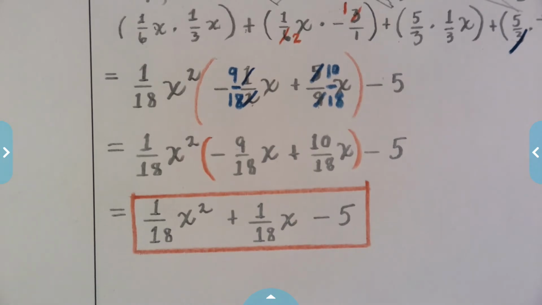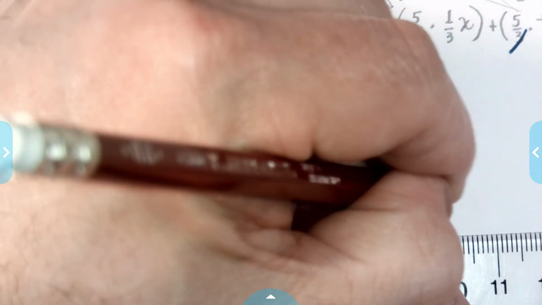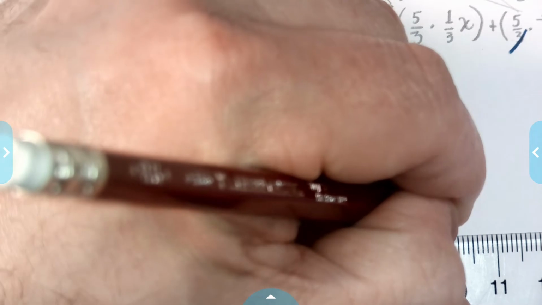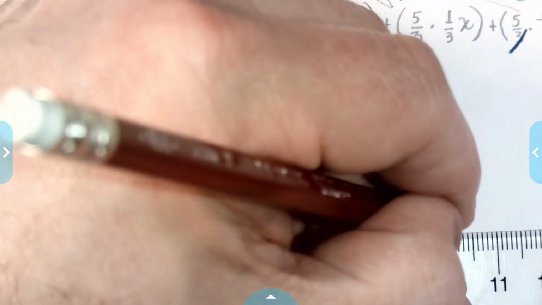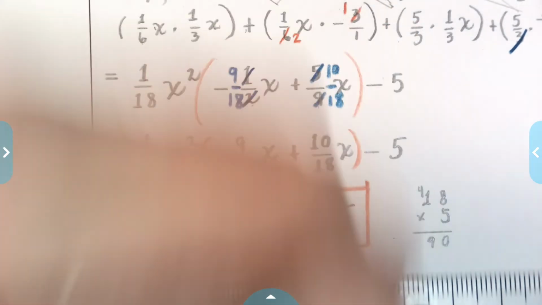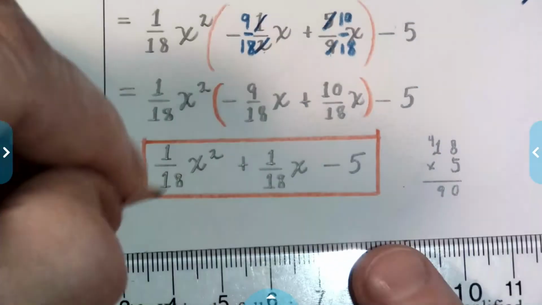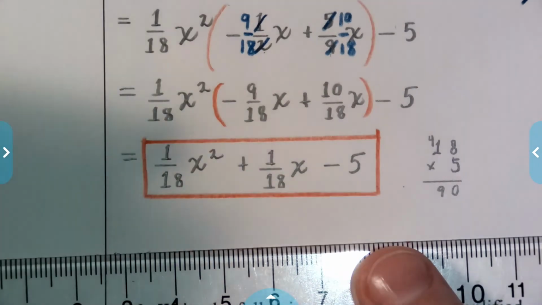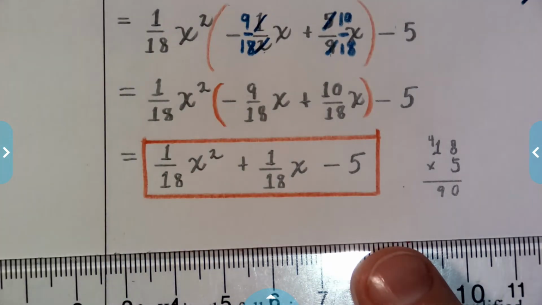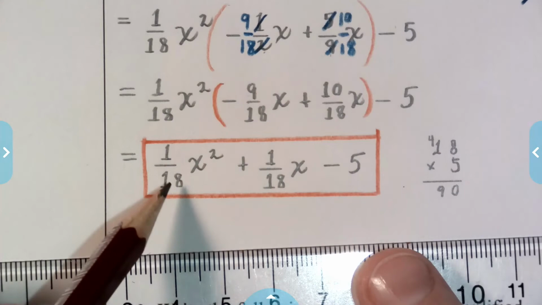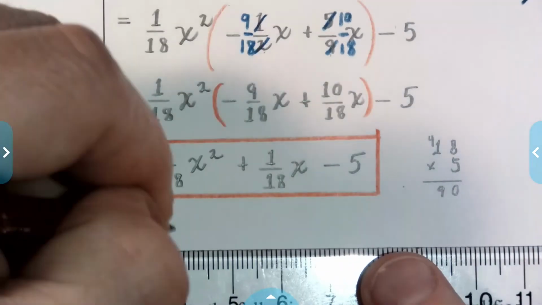All right. The only thing I would need to figure out is what 18 times 5 is. I think it's 90. Yeah. So what if you multiply this whole thing by 18, if it were set equal to 0? You would eliminate the 18 here, and it would just be x squared.